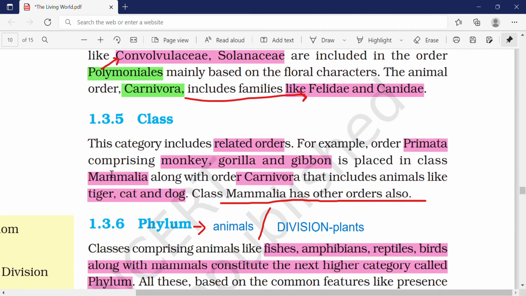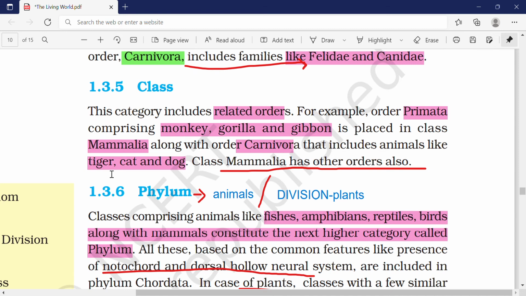Now let's go to class. What is class? A group of related orders together is called a class. So the order Primata comprises monkey, gorilla, gibbon, and is placed in class Mammalia along with the order Carnivora. So monkey, gorilla and gibbon are placed in Mammalia along with Carnivora.